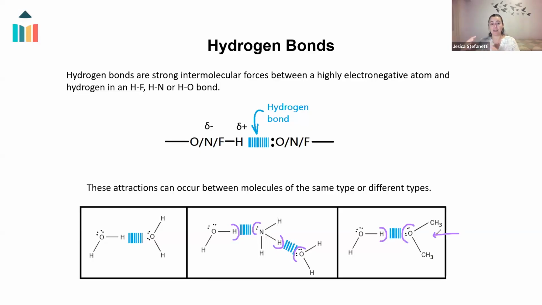But if you have the ether in water, you can have hydrogen bonds, because you have the OH bond here, and the hydrogen bond is produced because the other molecule has a highly electronegative atom, such as the oxygen there. So again, it's very important to identify hydrogen bonds and remember the conditions required for that.